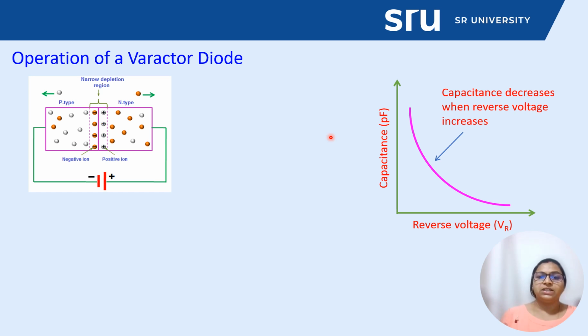So this is basically the typical reverse voltage versus capacitance nature of the Varactor diode. Capacitance decreases when the reverse voltage increases. You can see that the capacitance slope is gradually decreasing as we increase the reverse voltage.